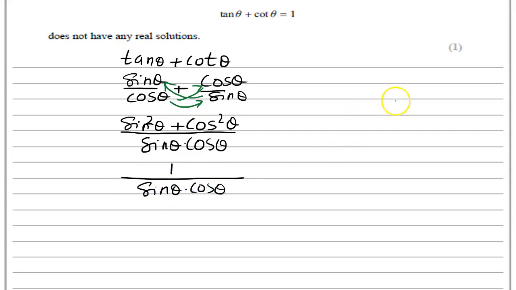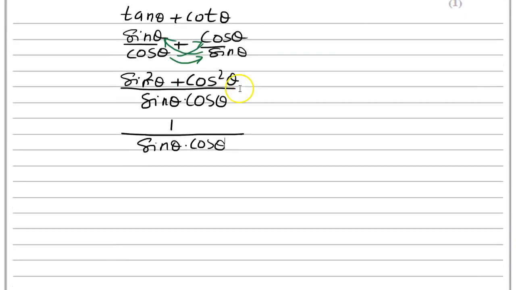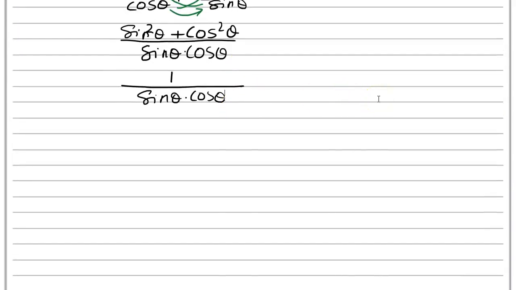Because you need to prove it, look at the right hand side. It has a double angle, like cosec 2 theta. So if we multiply by 2 here, what advantage do we get? We know that sine 2 theta is 2 sine theta cos theta. So in this place we can write sine 2 theta.